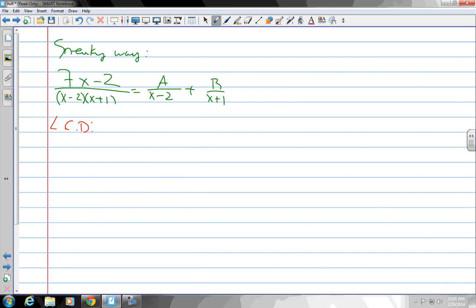What is the LCD? It's (x - 2)(x + 1). Right? So now I'm going to multiply both sides by the LCD.